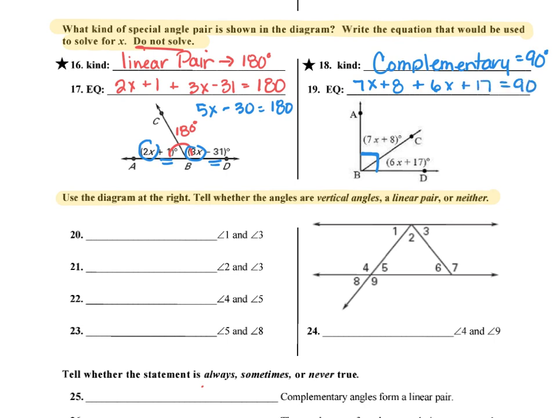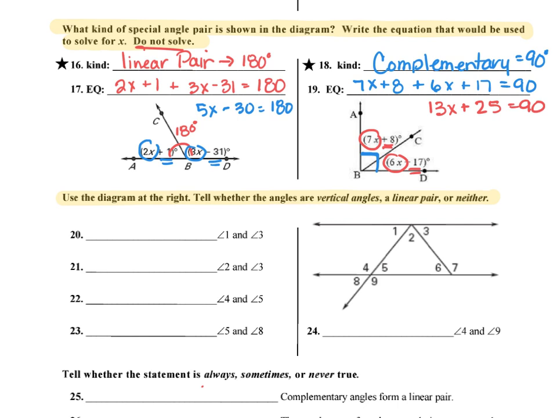Or again, we could do our mental math. We can take the 7x and the 6x and make that 13x. And then we can take our plus 8 and plus 17 and make that 25 and set that equal to 90. Either one of those, again, are acceptable answers for that picture.